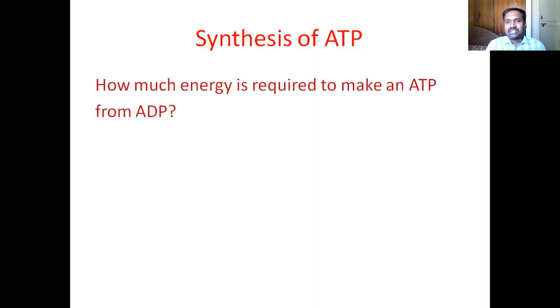How much energy is required to make ATP from ADP? To make a mole of ATP, let us consider from ADP. So the answer would be given by looking at how much energy is released when ATP is hydrolyzed to ADP.